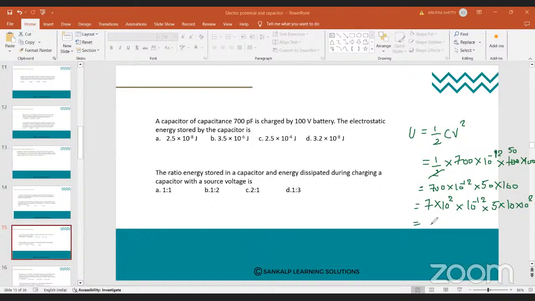So 7 fives are 35 into 10 raised to minus 12. Here 10 raised to 1 and 2 are there, so 2 plus 1 is 3, 3 plus 2 is 5. So 10 raised to minus 12 plus 5 is 10 raised to minus 7. If we shift the decimal, it is 3.5 into 10 to the power of minus 6.